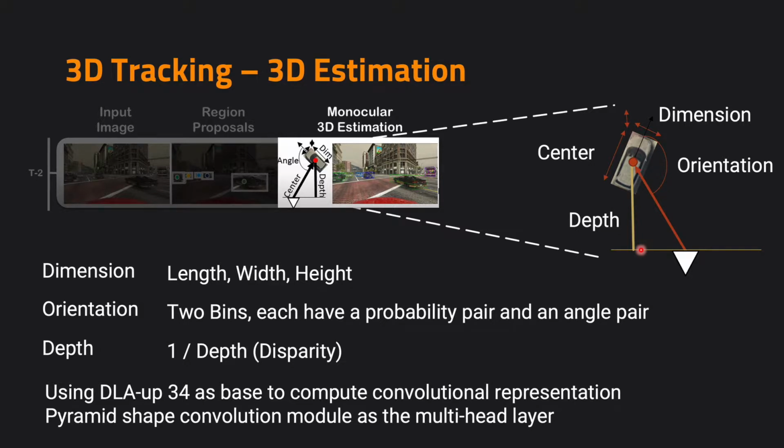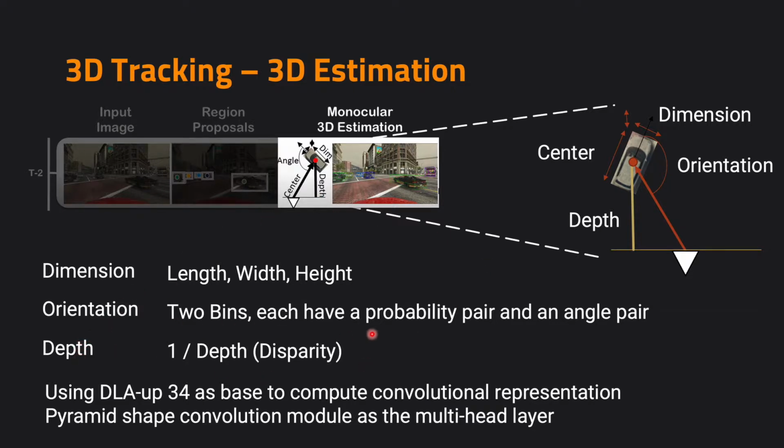Therefore, we can predict the 2D location as well as the projection of the 3D center from the features extracted for each proposal. And after we have the feature of a proposal, we can also predict the dimension, orientation, and the depth of the object.